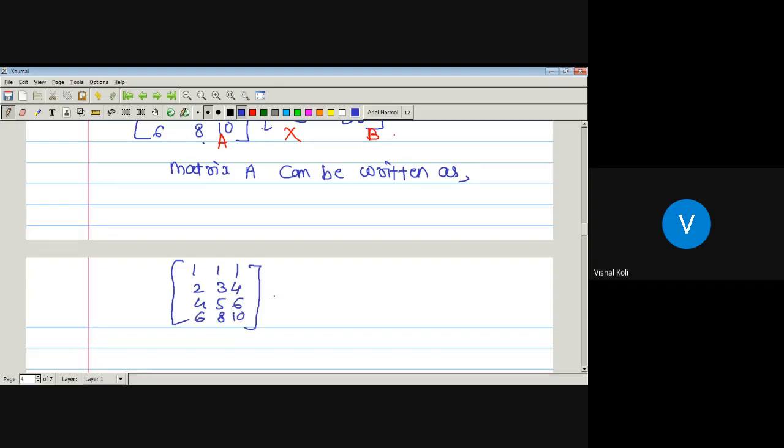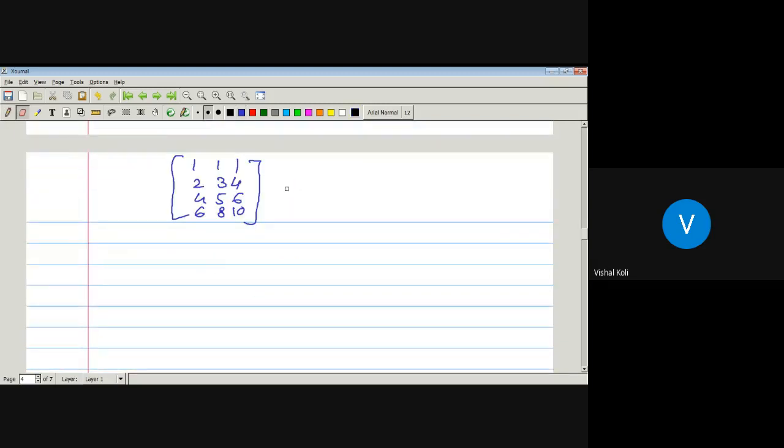Now we will do the operations on the second, third and fourth row. R2 is changing to R2 minus 2 times R1. Similarly, R3 is changing to R3 minus 4 times R1, and R4 is changing to R4 minus 6 times R1.